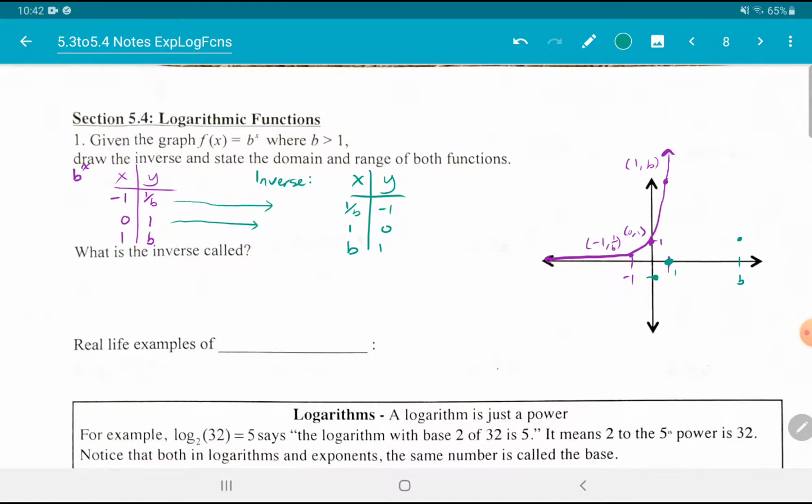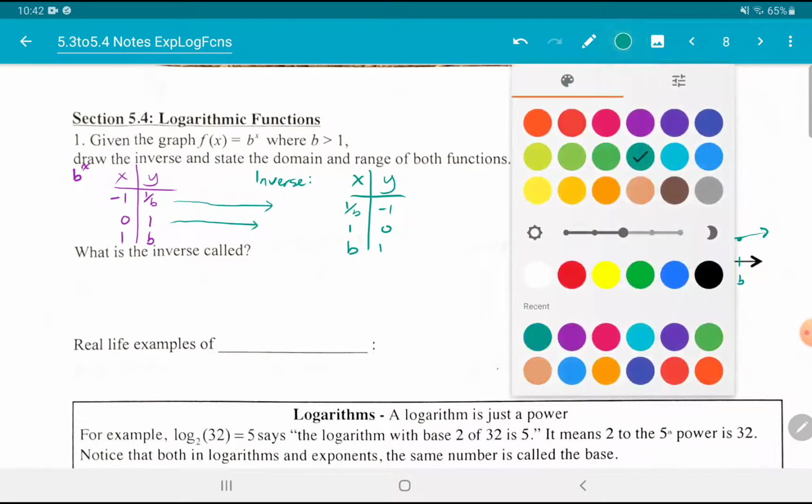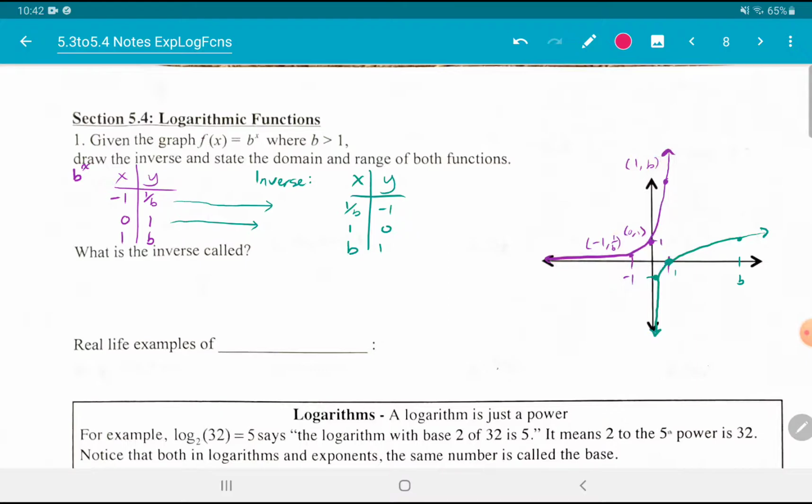You can see this graph is going to go this way, down, and now we're not going to touch the y-axis, just like the other one didn't touch the x-axis. Because they are inverses, we have a reflection across the line y equals x, and we see that reflection occurs there.